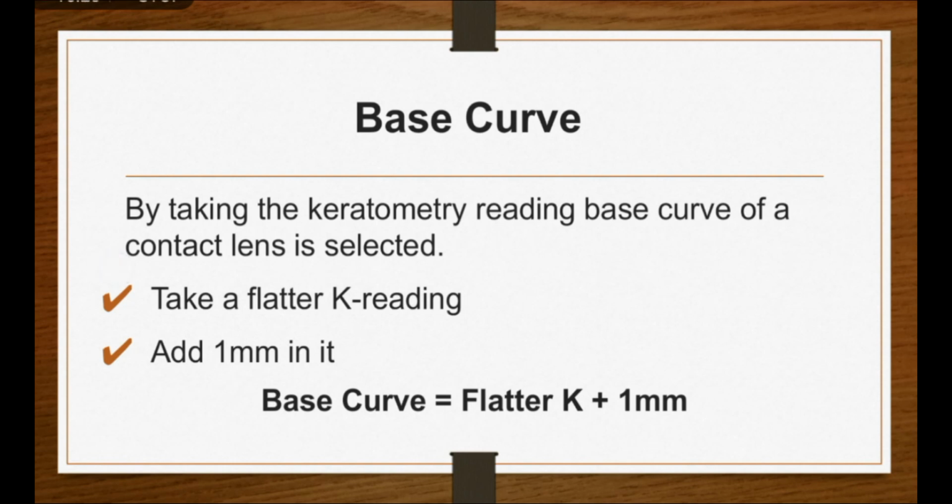You get K1 in millimeters and K2 in millimeters, and you have to see which is flatter. Over here you need to remember that values less than 7.8 millimeters mean that the radius of curvature is steep. So steep means a lesser value.